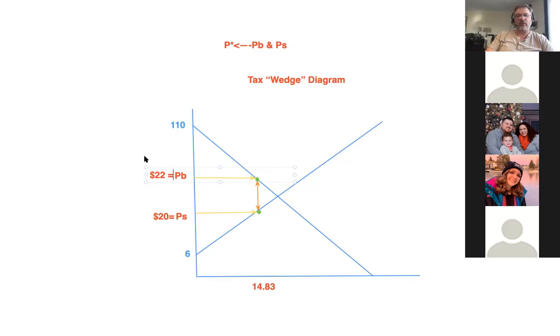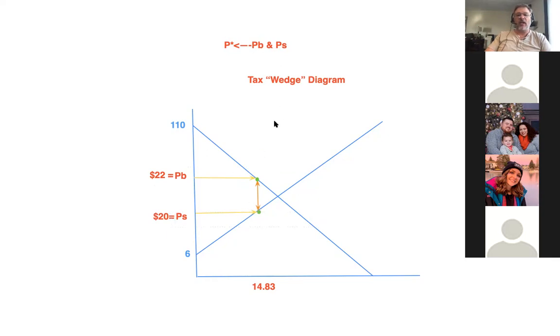You follow me, Jewel? Yeah. So when we say buyer's price, what we mean is the amount that I actually get debited out of my checking account or that I actually pay in cash, what I'm actually putting out. That's the buyer's price. And the price the seller receives is the after-tax price. This other amount goes to the government.